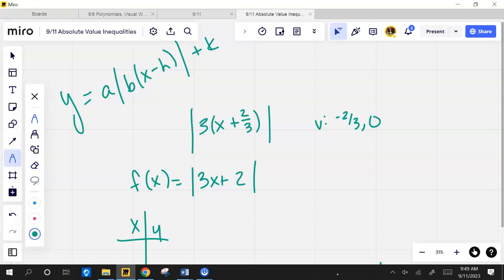Yes. But you can't have a number with the x. You see it now? If you have a number with the x, you have to take it out in front, right? And then the vertex is always that plus. So HK is your vertex. Opposite sign, same sign.